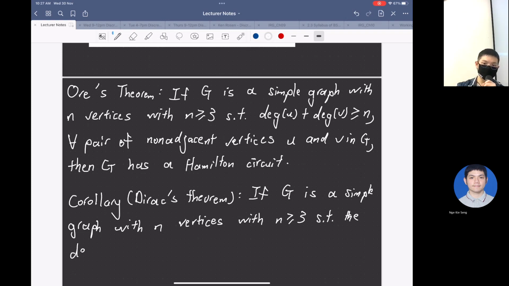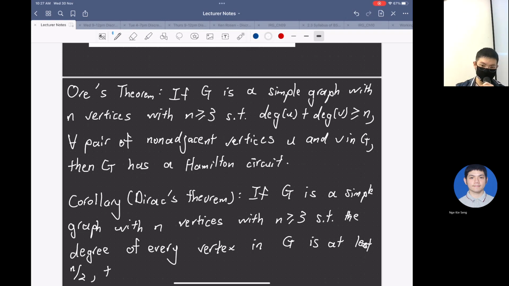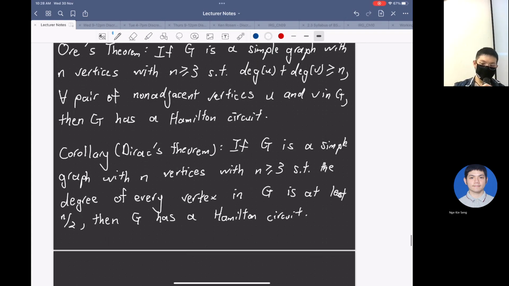Then you can find a circuit that passes through every vertex. So you need to create enough room for yourself to avoid passing through the same vertex. The moral of the story is you need to have enough edges.